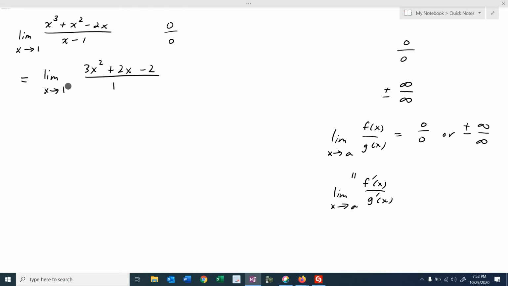Notice that's good news for us because now when we try to use substitution to evaluate this limit, we actually get a determinable form. When you plug 1 in here, you get 3 plus 2, which is 5, minus 2, and that's equal to 3. So this limit is actually equal to 3.